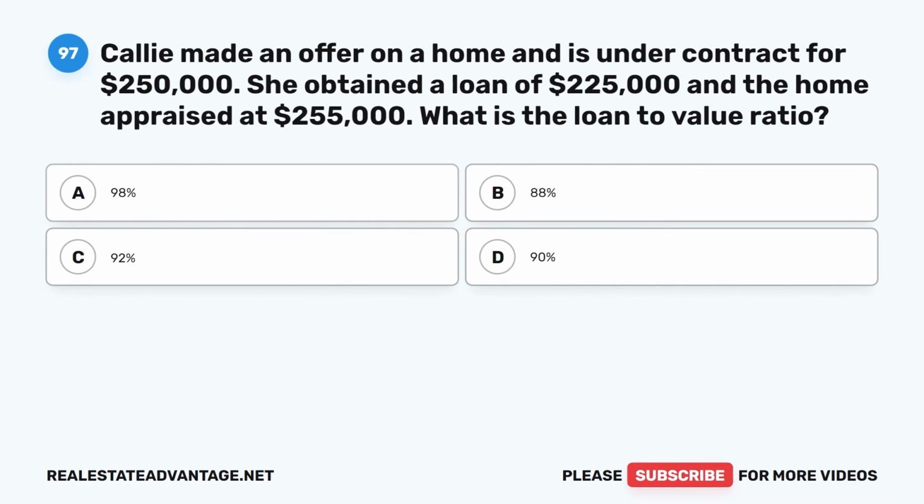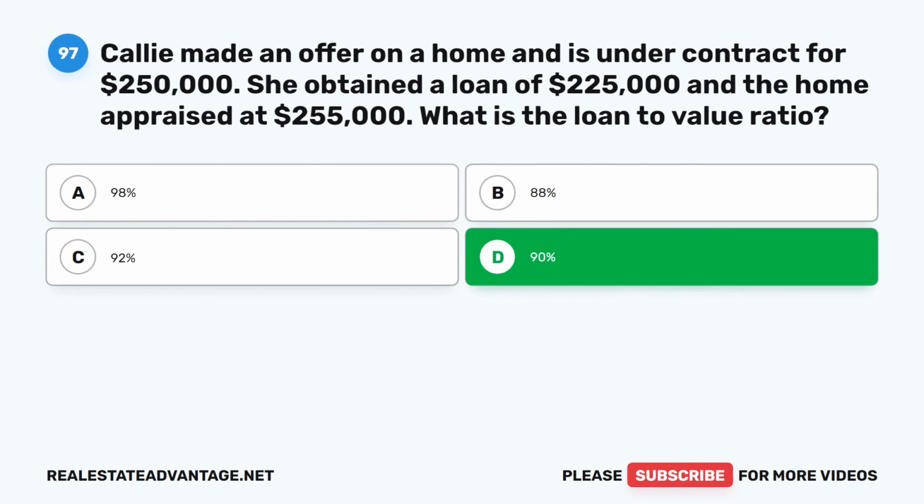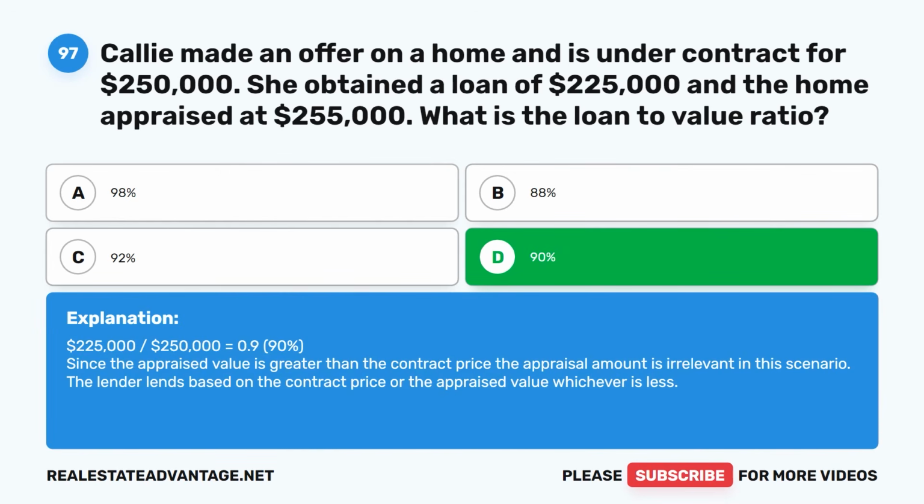D. 90%. The correct answer is D. 90%. $225,000 divided by $250,000 equals 0.9, or 90%. Since the appraised value is greater than the contract price, the appraisal amount is irrelevant in this scenario. The lender lends based on the contract price or the appraised value, whichever is less.